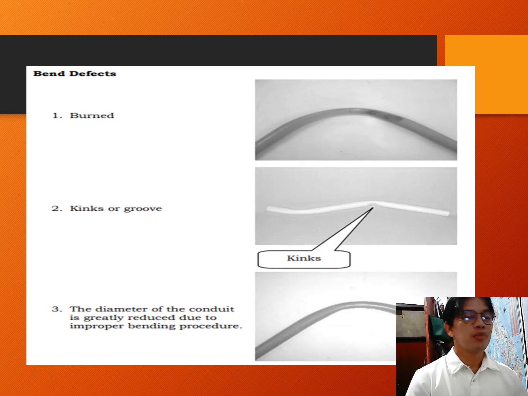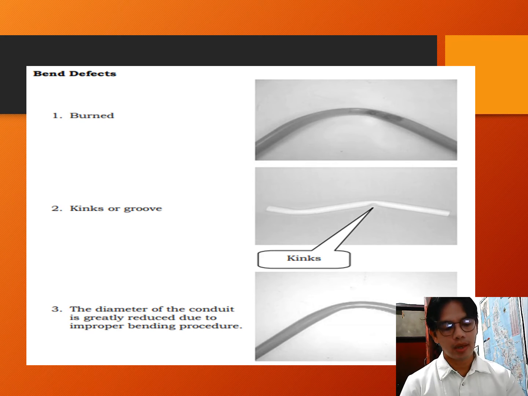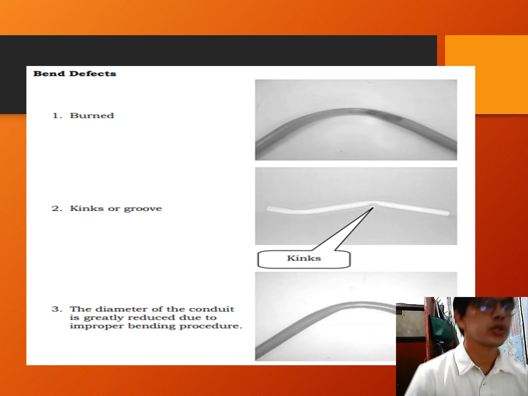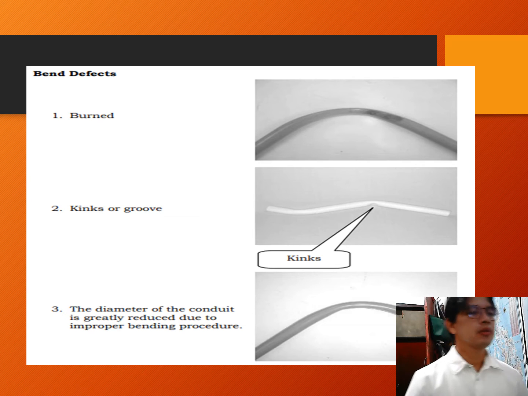Okay, maybe all of us have experienced it, because we are not perfect, especially when it is your first time to do the bend, to do the offset of the PVC. You may get burns and kinks.